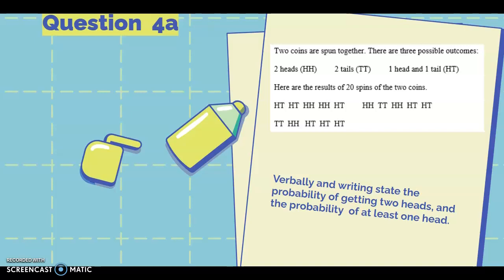So I would like you to add heads, tails, heads, heads, heads, tails, heads, heads, and heads, heads. Again, please use these to figure out probability for this question along with the other ones.